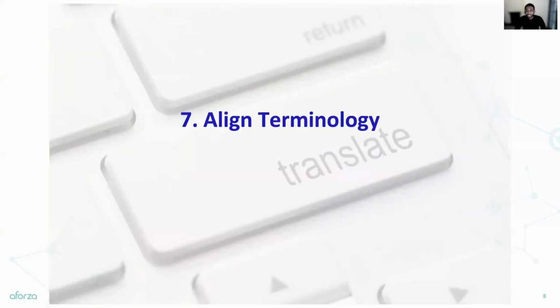Next is terminology. I don't think this applies only to Aforza, but really any project that you're doing with different customers within an industry or cross industry. Having the same terminology is going to save you loads of trouble. Specifically within consumer goods, there are a number of different terms that customers might use for promotion.